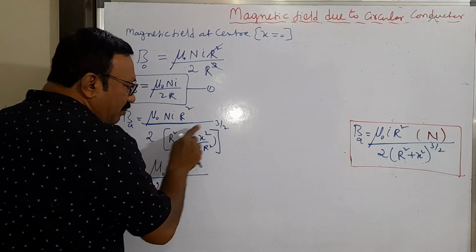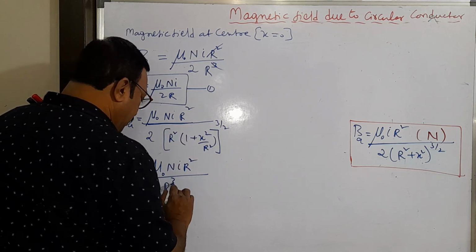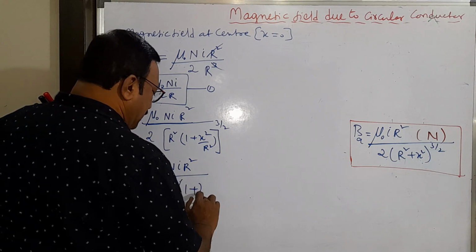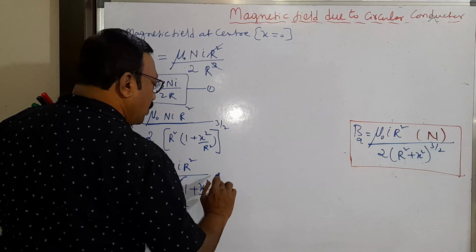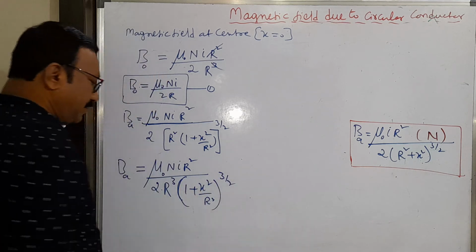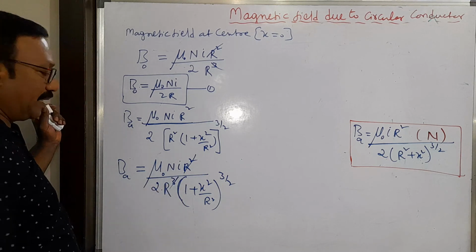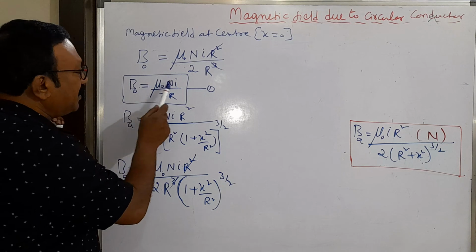So r² to the power of 3 by 2, the 2 gets cancelled, I'll be getting r³. r³ into 1 plus x² by r² whole to the power of 3 by 2. This r² and this get cancelled. But what is μ₀NI by 2r? μ₀NI by 2r is B₀.